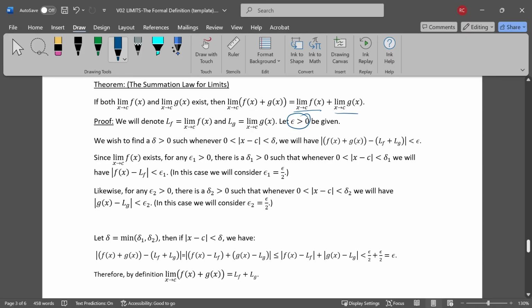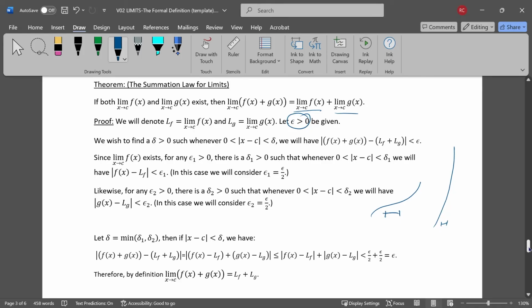But we'll get different deltas, right? Even though we chose both epsilons to be epsilon over 2, the delta we get is going to be different because the two functions are shaped differently, right? One function might be like this, and one function might be really steep, and so the range you get on the x values is going to look a lot different.